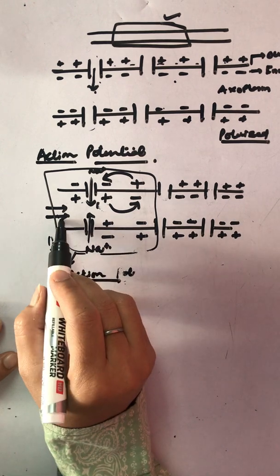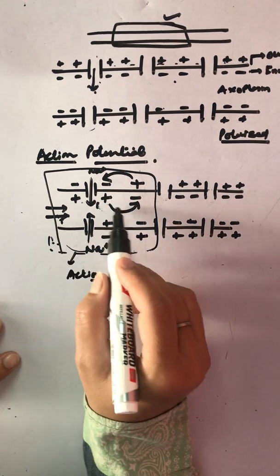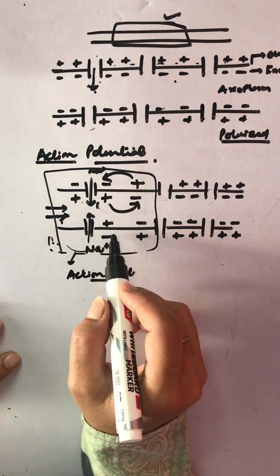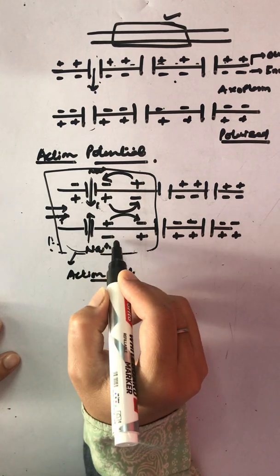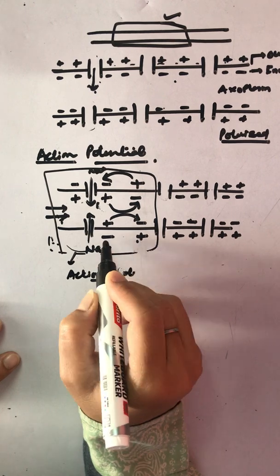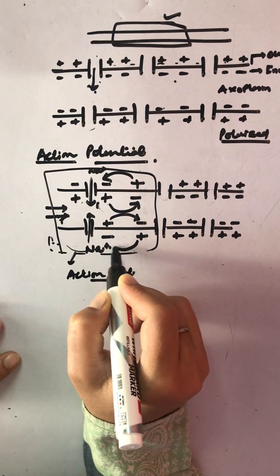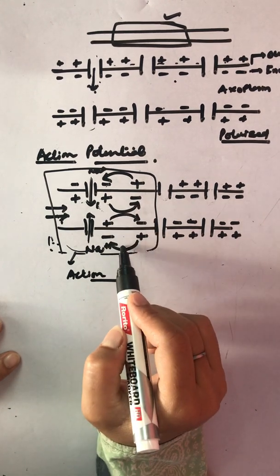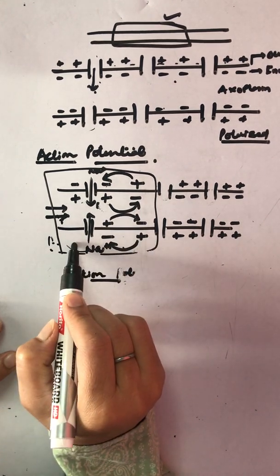Why? Because it has received the stimulus. So it shows how the ions change their permeability. Clear? From here it goes this way and automatically this changes from positive to negative. This is how the polarity changes in a depolarized state.